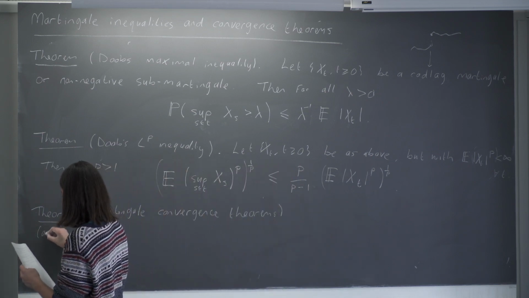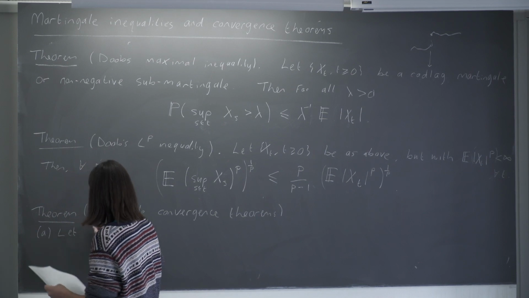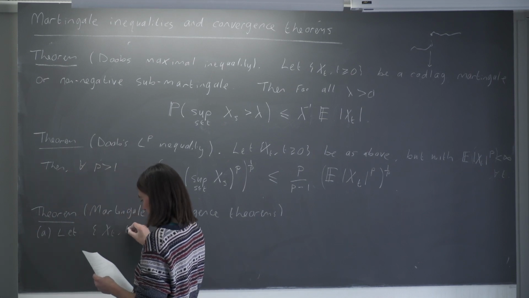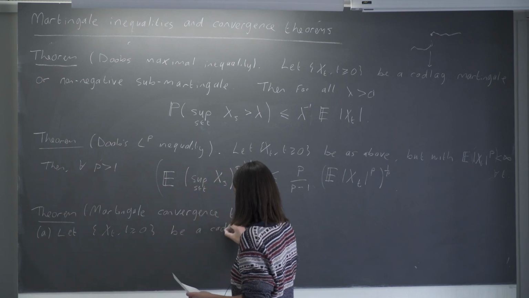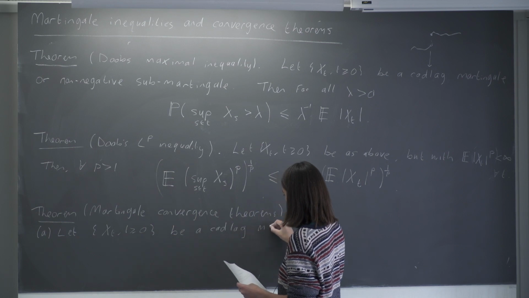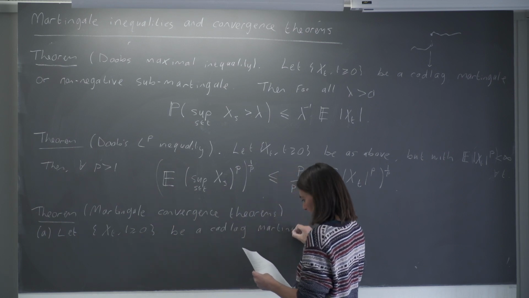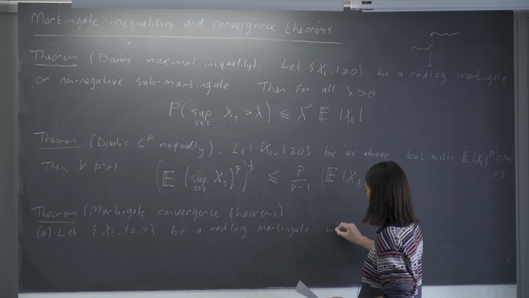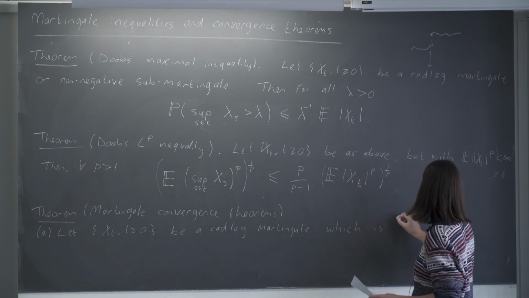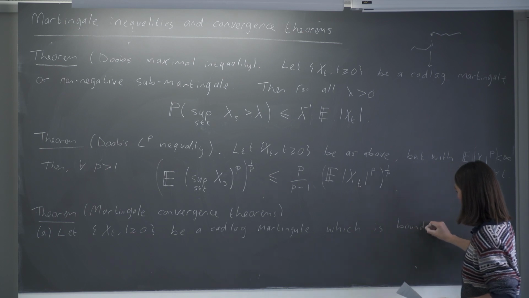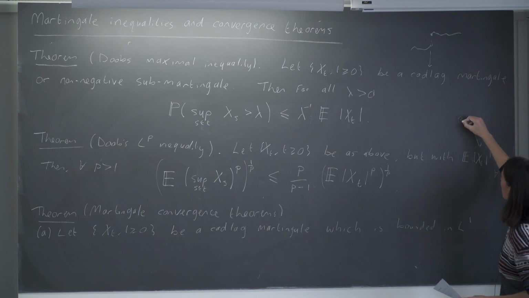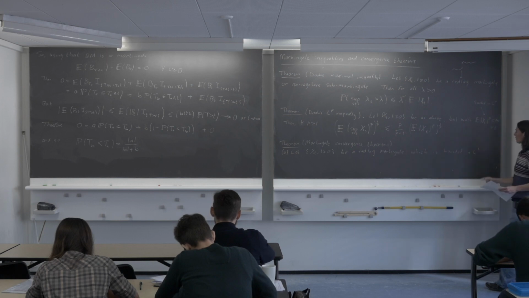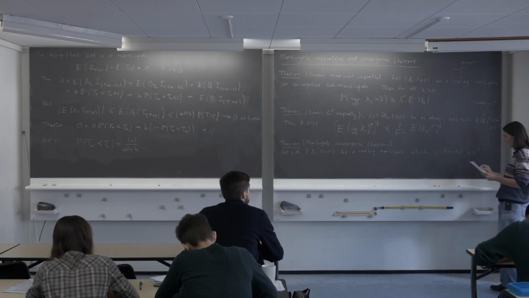The first one is let X_t be a càdlàg martingale which is bounded in L1. So this here is bounded in L^p. So we just need to be bounded in L1.